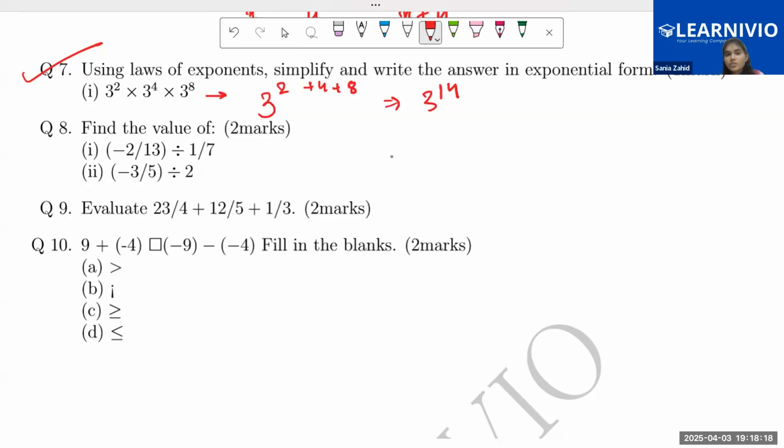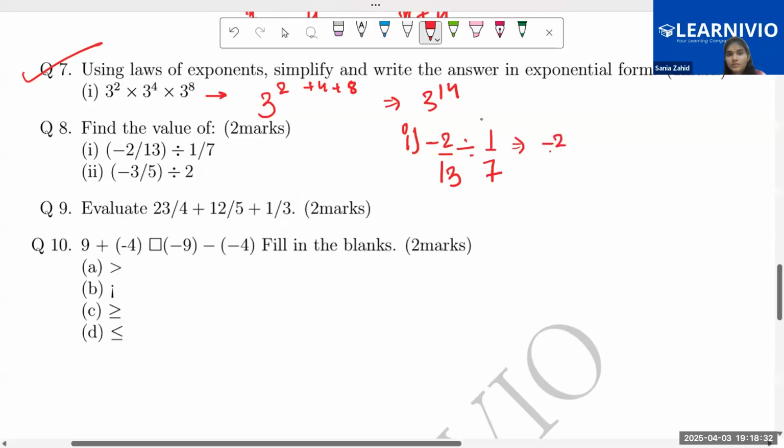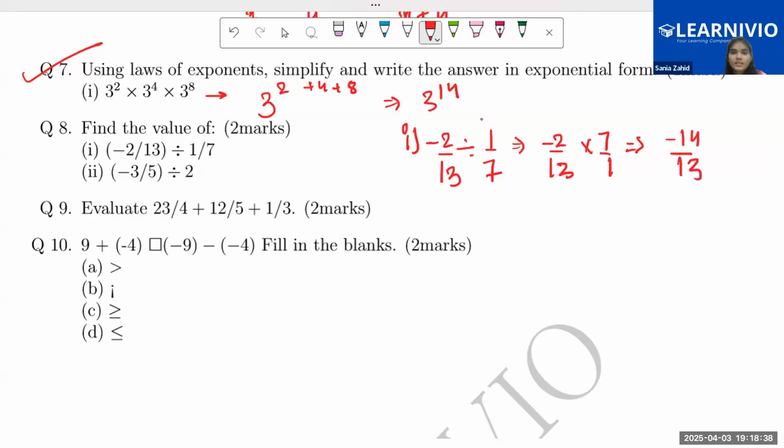Okay, how do you get it? First you have minus 2 by 13 divided by 1 by 7. So we make it minus 2 by 13 into 7 by 1, which is minus 14 by 13. Good. That's correct. Next.